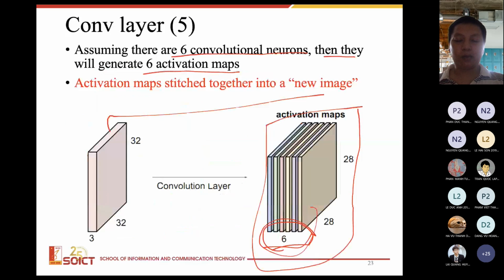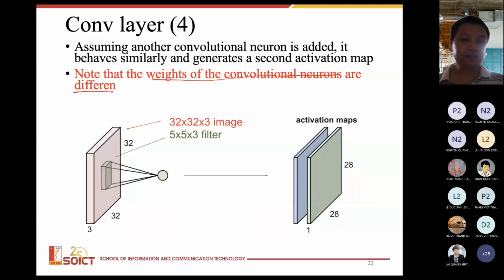Okay, one thing I want to tell you is about the learning of the convolutional neural network. For the convolution layer, this is the number of parameters to be learned. It has a size of 5 by 5 by 3, and it is actually the weights of the convolution neuron that are learned by training. This is the case for the convolution neuron.